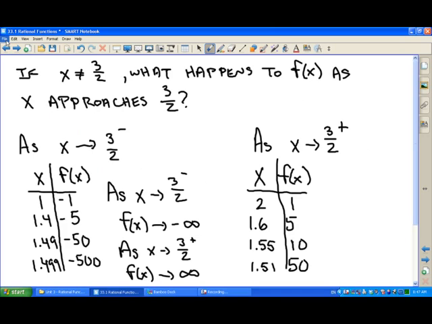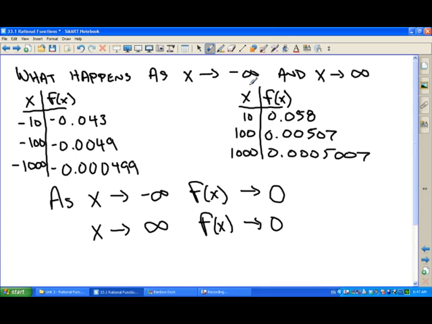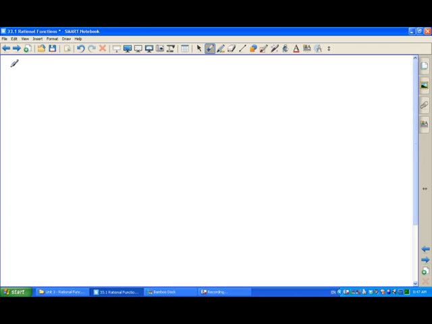And both of these things that we've just looked at, this behavior as x approaches 3/2, and this behavior as x approaches positive and negative infinity, is telling us something. The value x equals 3/2 is something special.